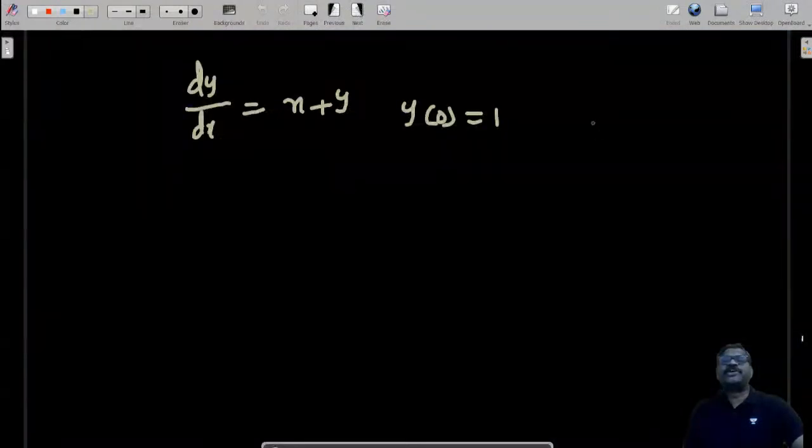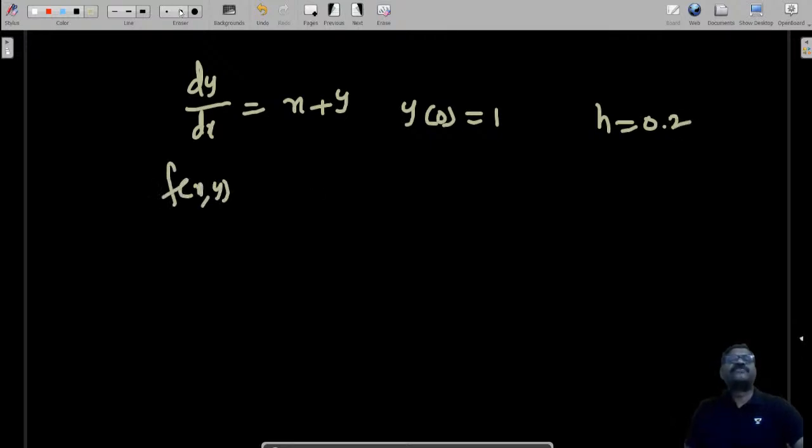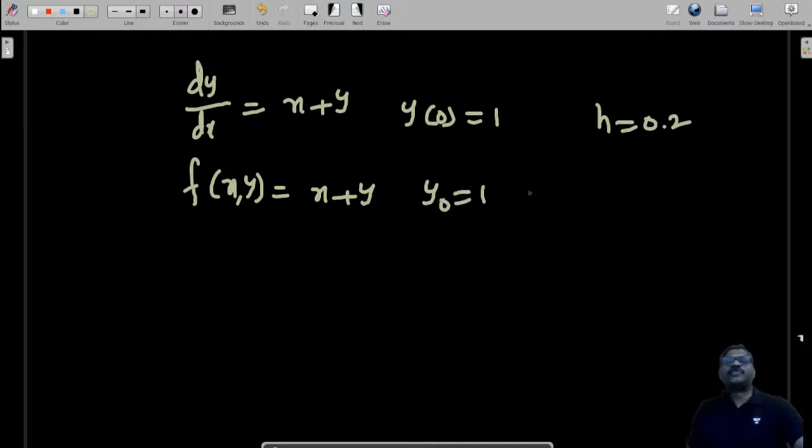Step size is 0.2. Now function of xy is x plus y. Y naught is 1, x naught is 0, h is 0.2.